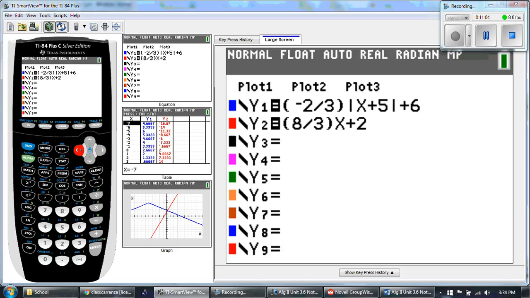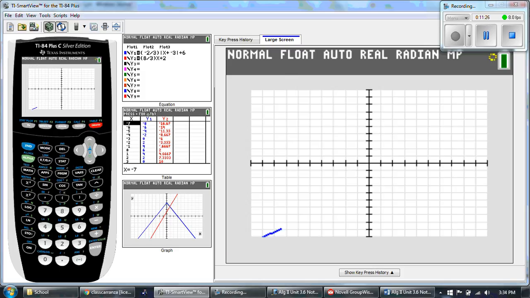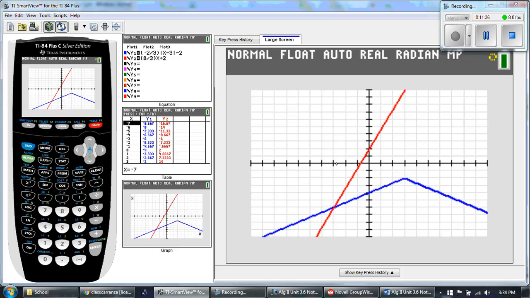Sorry, so x minus 3, and then minus 2. Now let's graph it. This should look a little bit better here. There we go. And there's where they intersect at negative 3, negative 6.